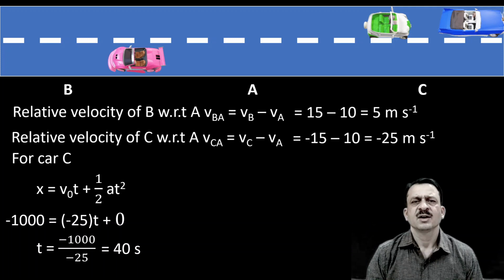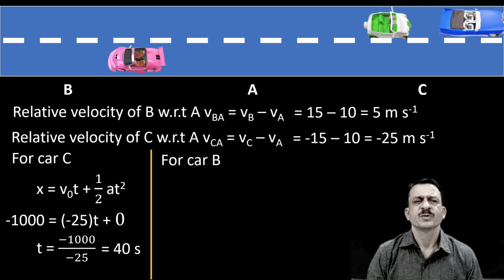Similarly, car B has to travel the same distance in the same time, with a relative velocity and with an accelerated motion. Therefore, we have to calculate the acceleration. The distance traveled by car B is the same, therefore x is equal to v0 t plus half a t square.